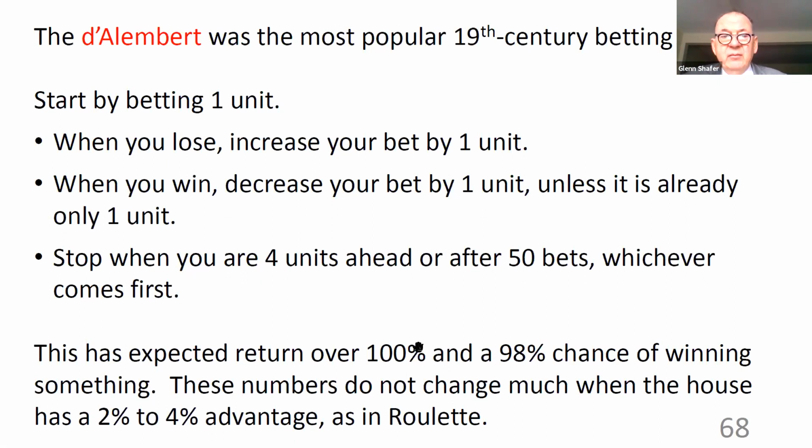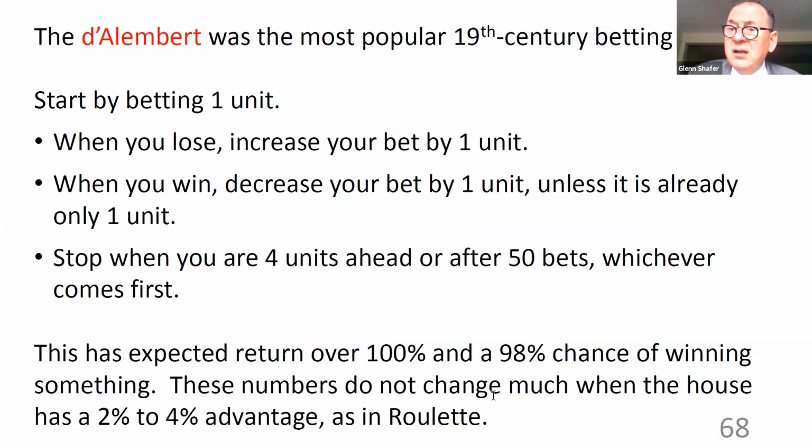If you do that, the expected return is more than 100%. You expect to more than double your return, and you have a 98% chance of winning. And the house advantage, even of a roulette, 4 to 5%, doesn't make any practical difference to these numbers.